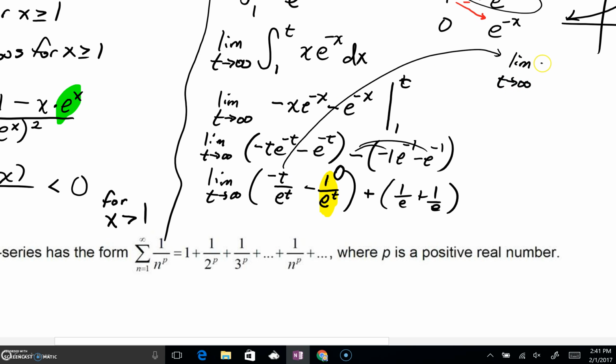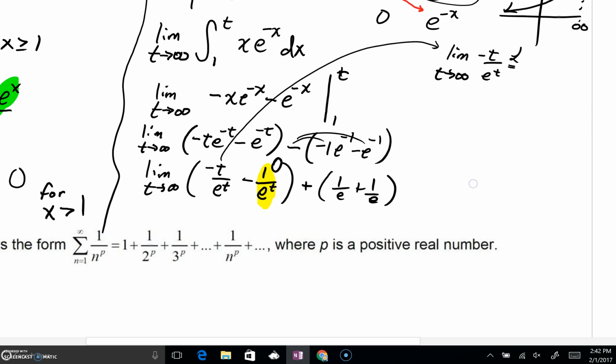You can say, well, what if I had negative t all over e to the t? With L'Hopital, take the derivative of the top, and you'd get negative 1. Down below, you'd still have e to the t, and e to the t is going to infinity. What's negative 1 all over infinity going towards? 0.